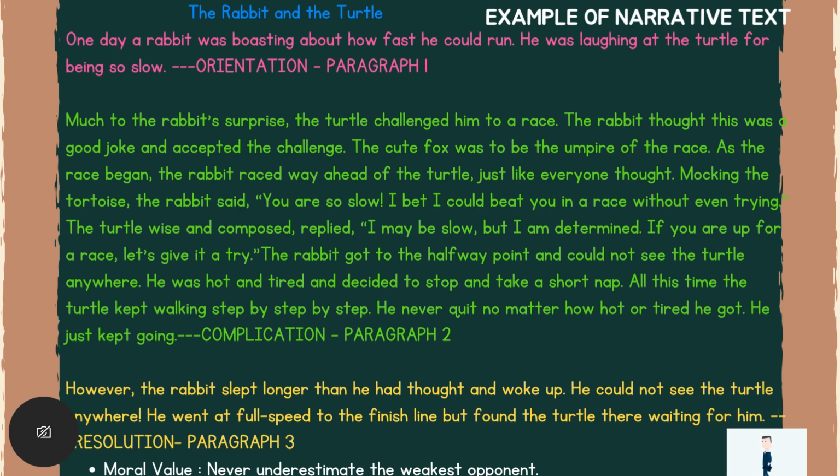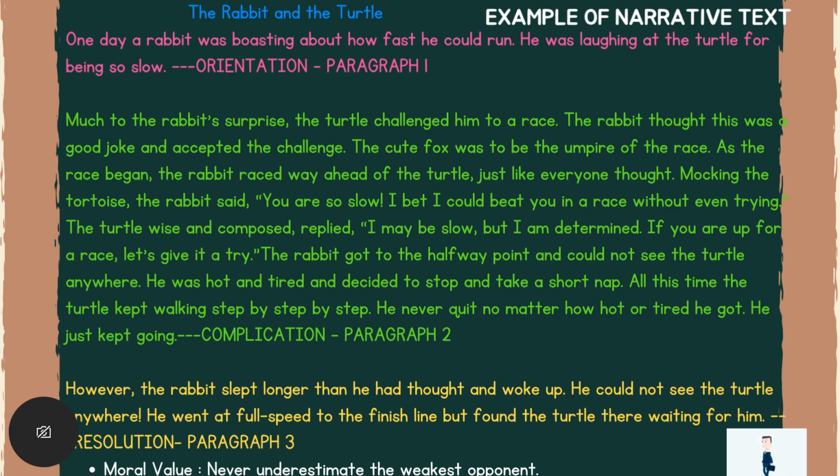Paragraph 2: Much to the rabbit's surprise, the turtle challenged him to a race. The rabbit thought this was a good joke and accepted the challenge. The cute fox was to be the umpire of the race. As the race began, the rabbit raced way ahead of the turtle, just like everyone thought.